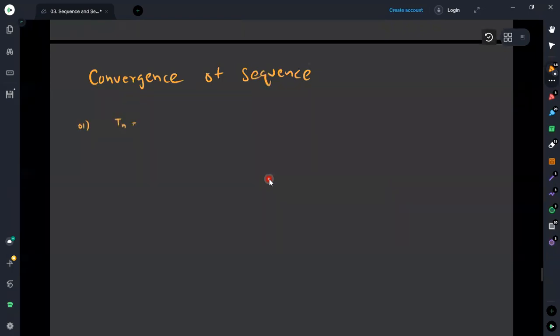The first sequence is Tn equals 3n squared minus 1 over 10n plus 5n squared. Here, if we have a sequence an, and as n goes to infinity the limit exists as a finite value, then we say such a sequence is convergent.